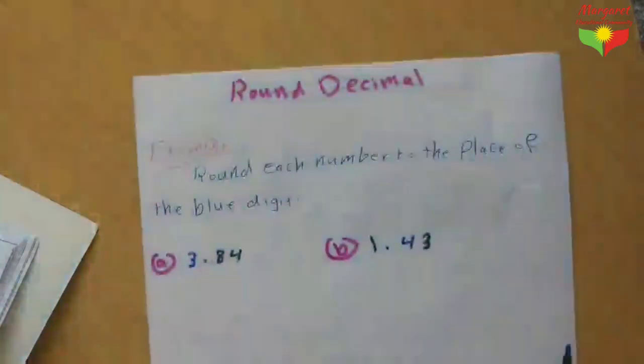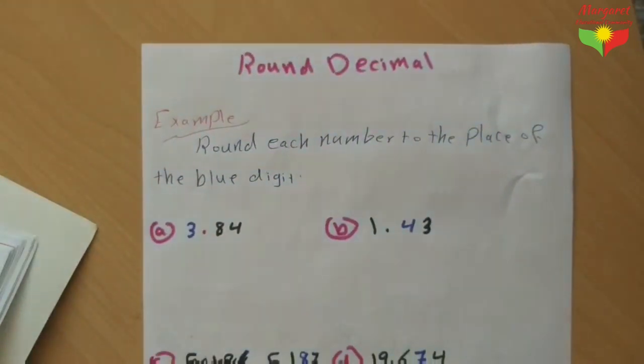On page 204 we have rounding small numbers.